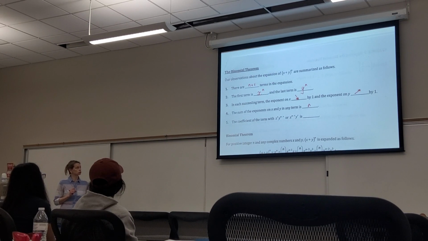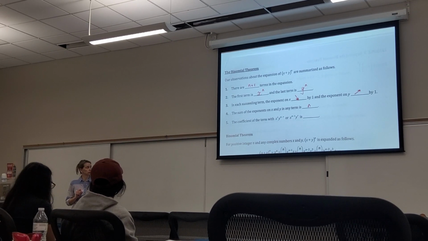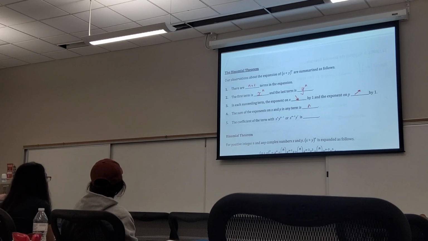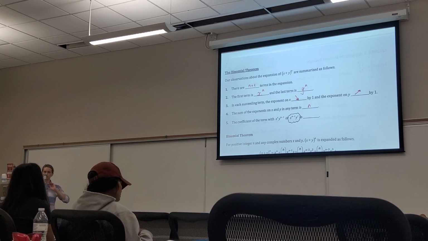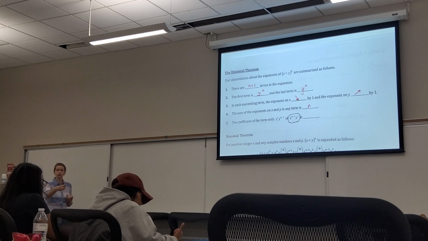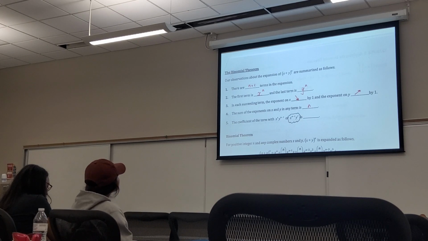Now the coefficients of the terms are written in a form: x to the power r, y to the power n minus r. But we are going to use this format when you expand, because otherwise it's backwards. So we are going to focus on this format. Yes? Because x goes down, not y goes down. Can you see? Then the order would be different.